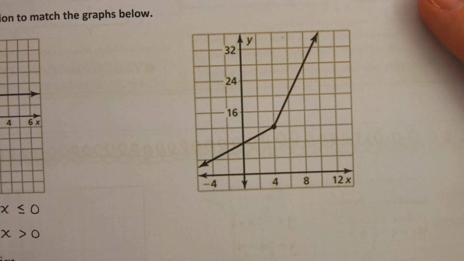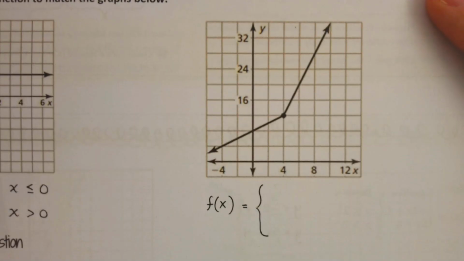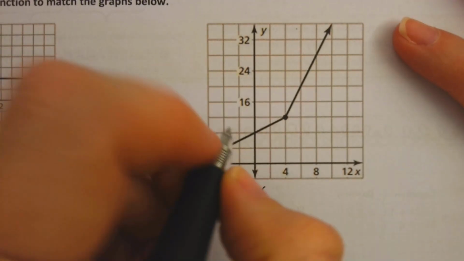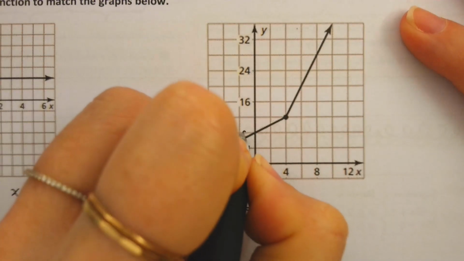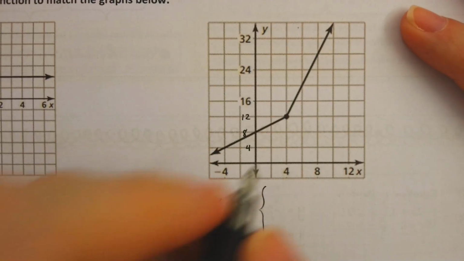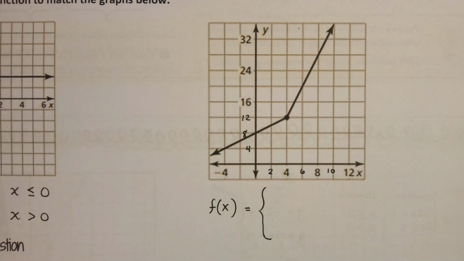All right, let's write our equation. Be careful of the scale on this one. What does the vertical axis count by? 4s, right. 4, 8, 12. What does the horizontal axis count by? 2, 4, 6, 8, 10. Very good.